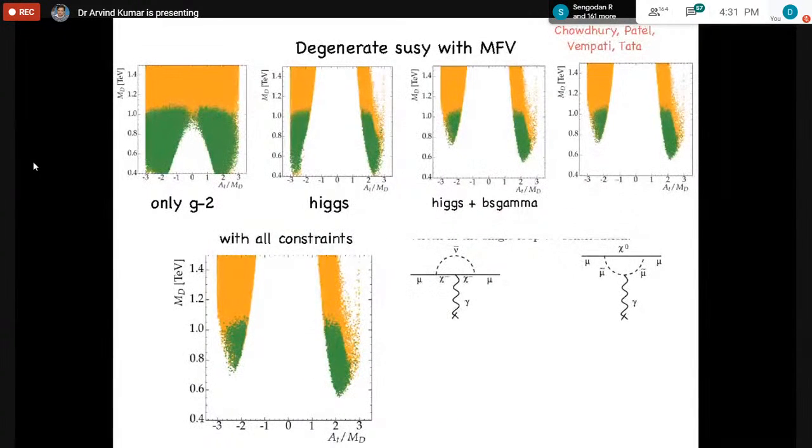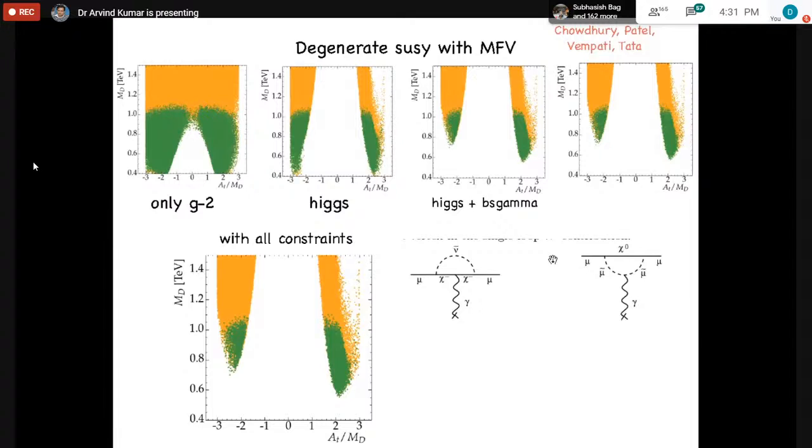Say, for example, on the right-hand side, you see 2 Feynman diagrams. If you have supersymmetry, which is degenerate and light, you can have contributions to muon G-2 through Feynman diagrams of this particular type, where new particles appear in the loop, some sneutrino, chargino, smuon, neutralino.